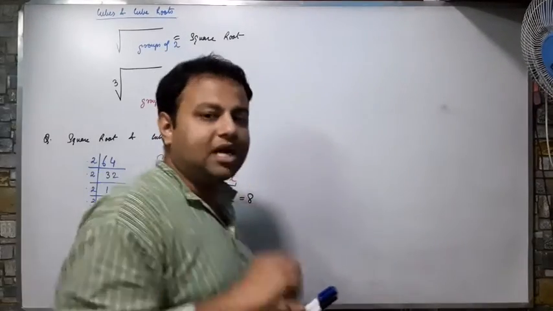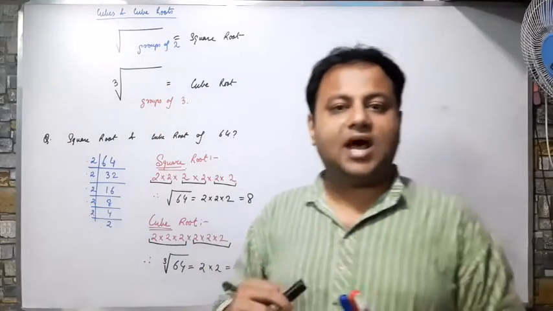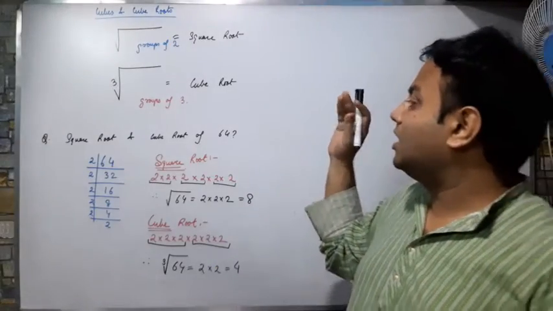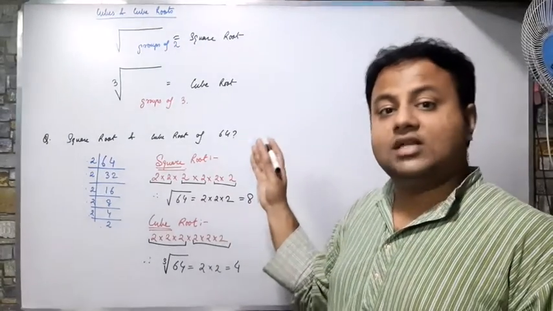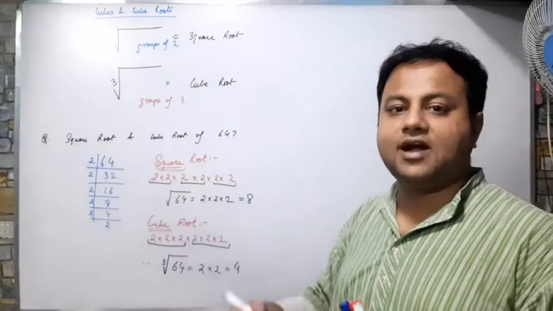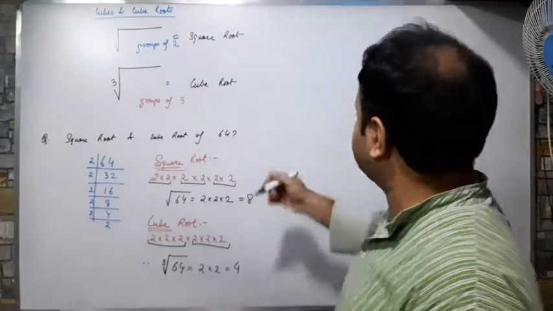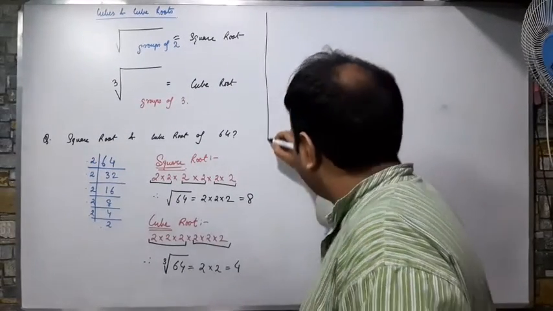Now, the same method can be applied to the questions that were given in square root, that is, find the number to be multiplied or find the number to be divided. The same type of question can be asked here also.